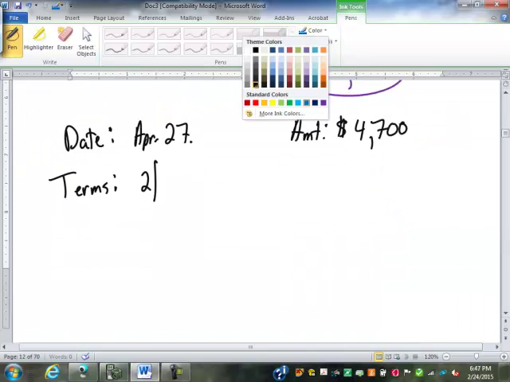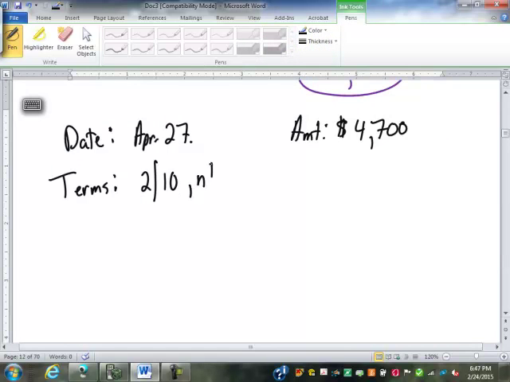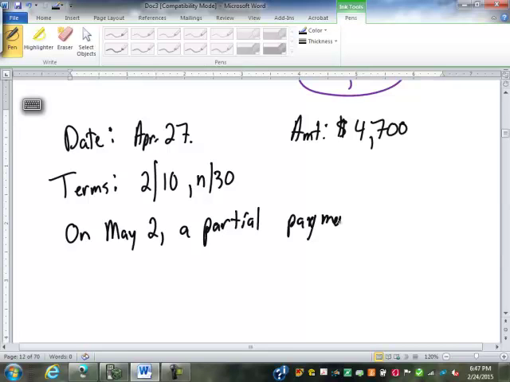So let's see. Our terms down here will be 2/10 net 30. So we're going back to just straight dating, no modifiers here. On May 2nd, a partial payment of $3,000 is made.